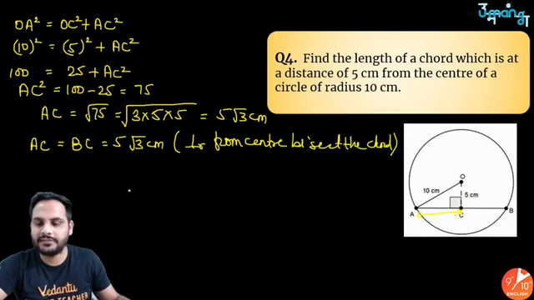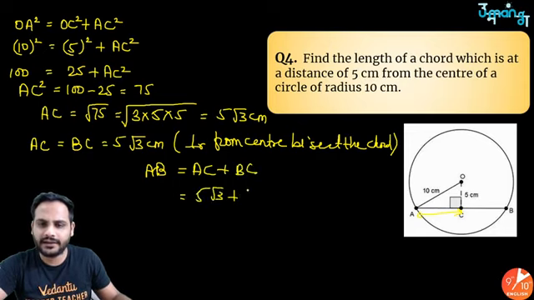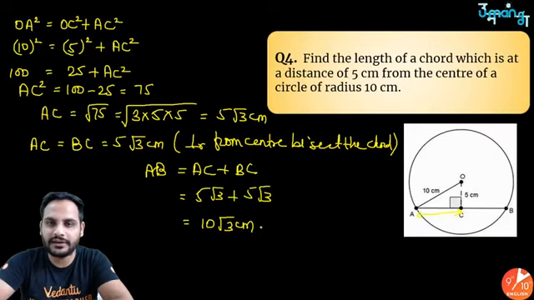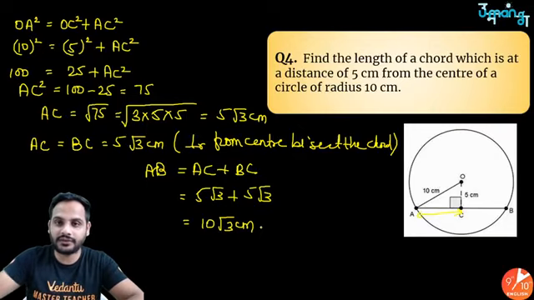What we need to find out is the length of the chord, that is AB, which will be equal to AC plus BC, which is 5 root 3 plus 5 root 3. So overall it is equal to 10 root 3 centimeter. So the length of the chord is equal to 10 root 3 centimeter.